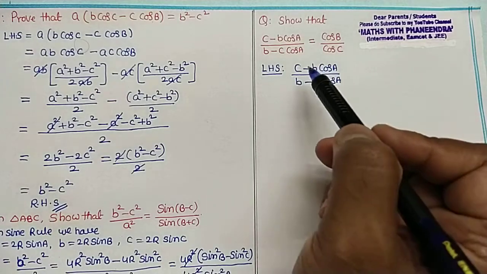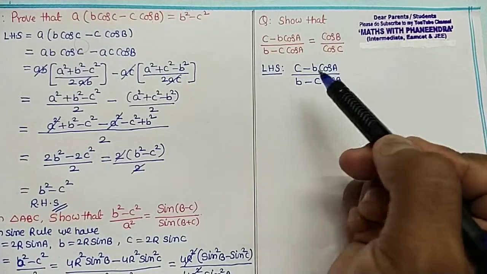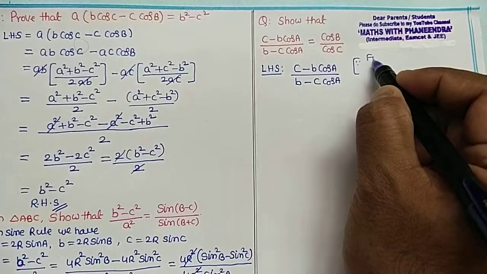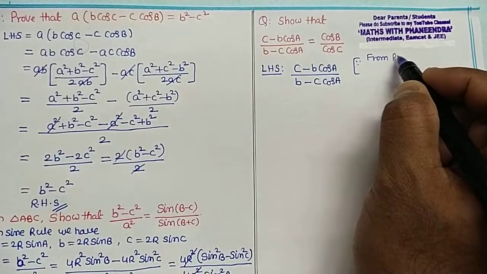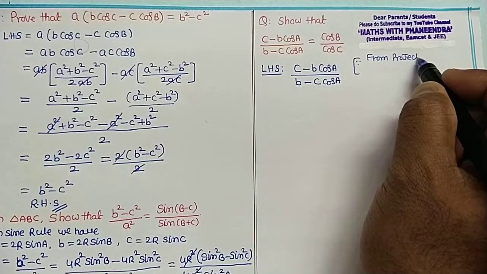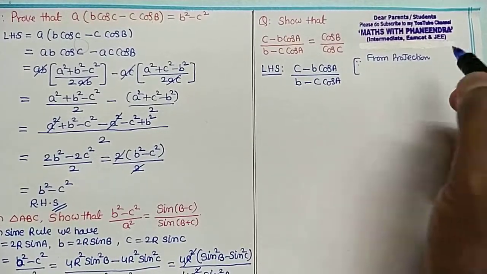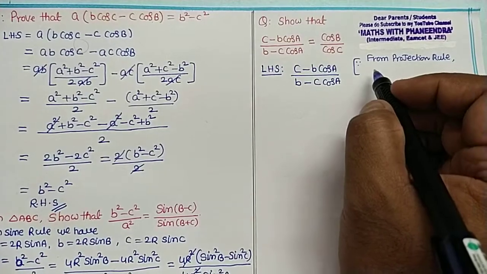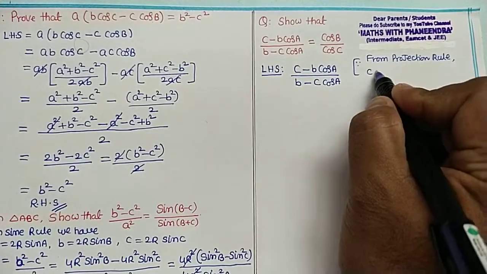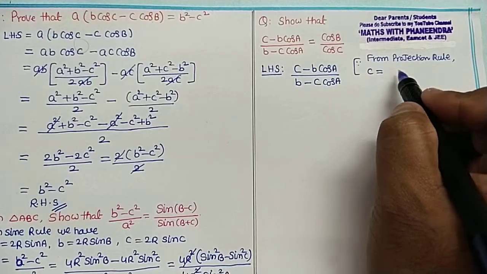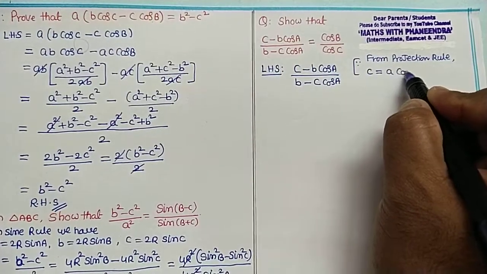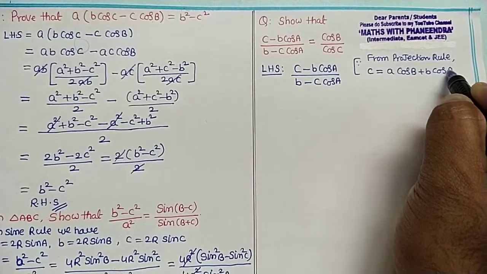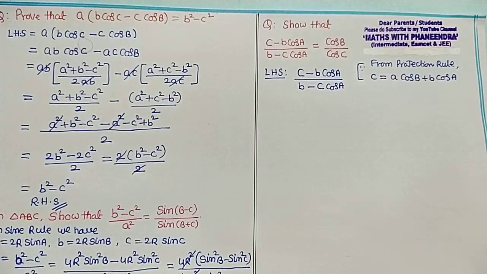Here small c and small b, we have from projection rules, small c equal to small a into cos b plus small b into cos a. This is the value of small c.